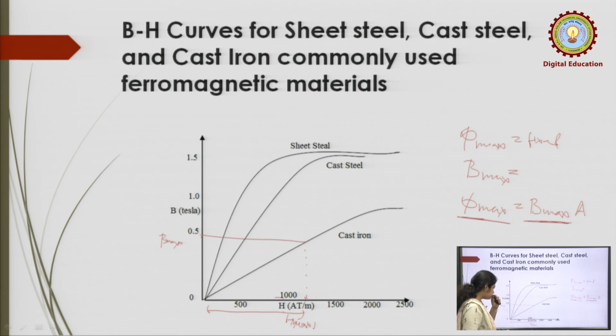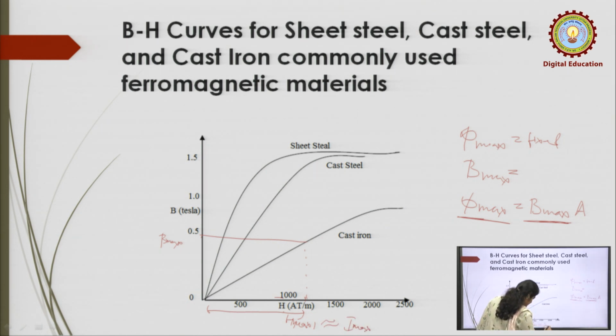Now, this H max is proportional to the current. So, you can say H max 1 corresponds to I max 1.